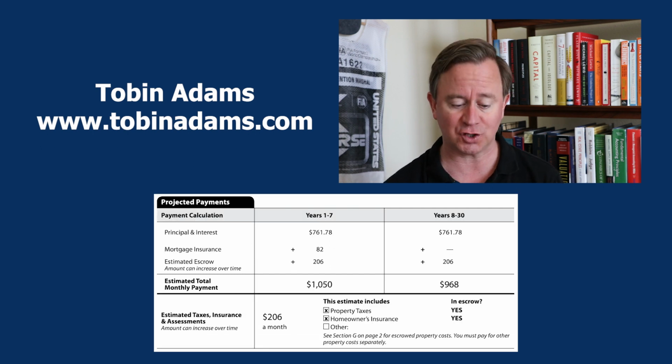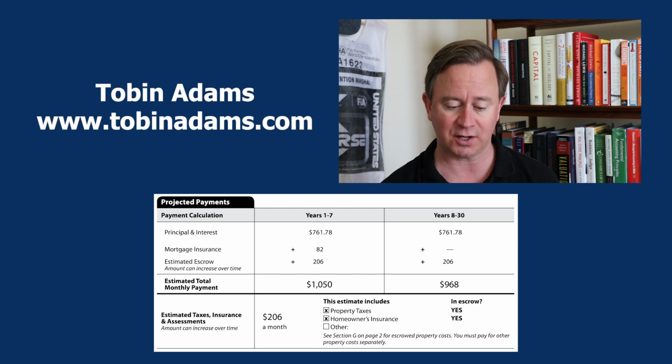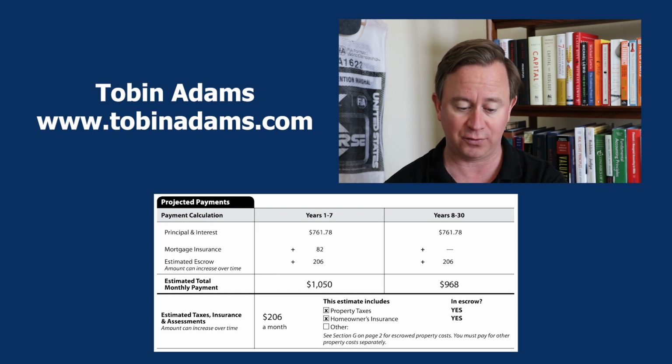All right, now the second section is your projected payments. Now notice it's got it broken down into 2 different sections. The first one is years 1 through 7, and the second is years 8 through 30.